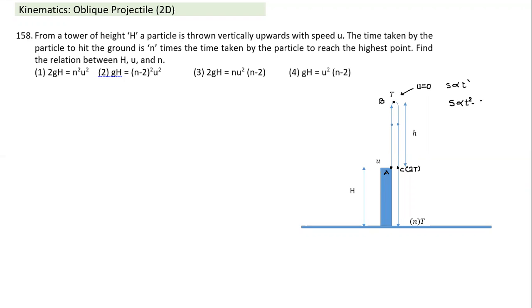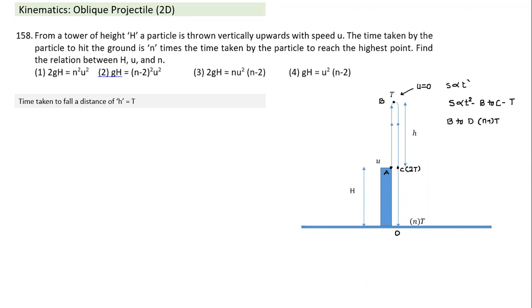First, I am going to see from B to C. From B to C, the time taken is t, and the distance is h. From B to D, the point on the ground, how much time? The time to C is t, and the total is nt. So the time taken is n minus 1 times t. I'll use this condition here: displacements are proportional to the square of the time, and that becomes very easy.